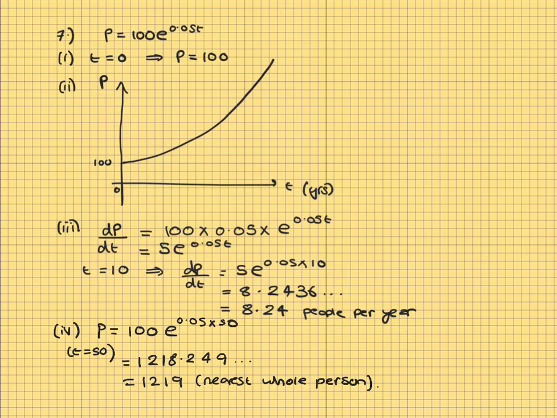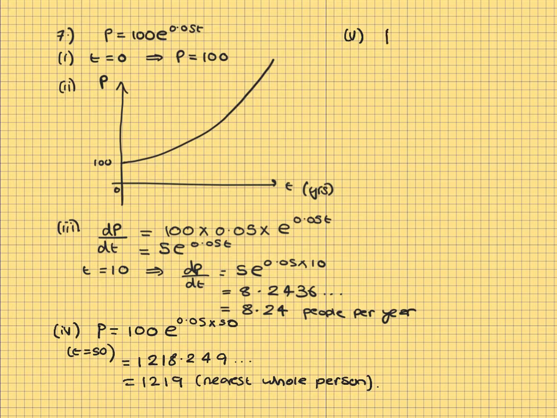Now, part 5 of the question says, what is the minimum number needed to settle for the population to be at least 2,000 after 50 years? So I will do this up here. So part 5. So we want the population to be at least 2,000 after 50 years.